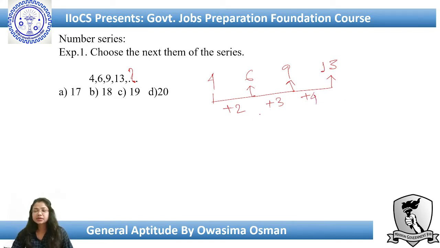So here we can see that the addition is in AP series, in consecutive digits 2, 3, 4. So automatically our next term will be 13 plus 5, that means 18. Okay, so our answer is B, 18.